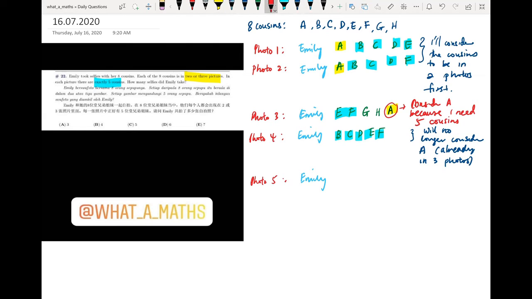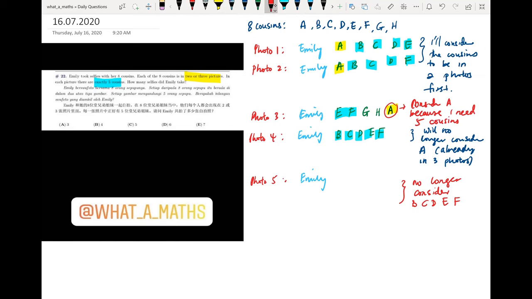But this time, for photo number 5, no longer consider cousins B, C, D, E, F, because B, C, D, E, and F already appear 3 times.